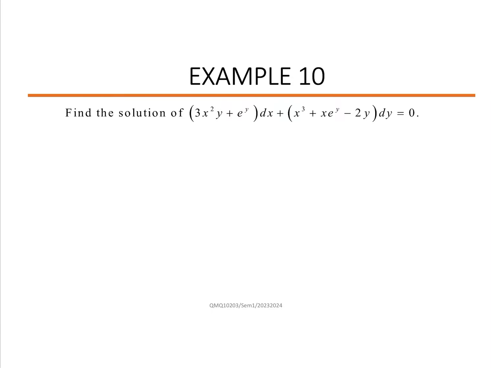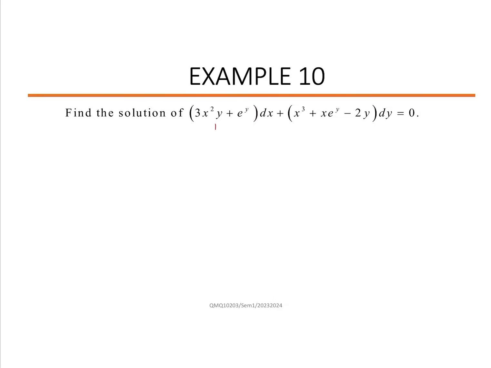Let's see example number 10. Find the solution of (3x squared y plus e to the y) dx plus (x cubed plus x e to the y minus 2y) dy equal to 0.